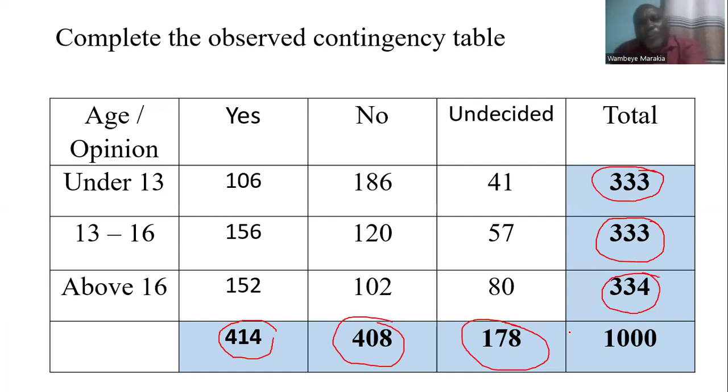Then we are going to come up with tables for observed frequencies and expected frequencies. I just came up with the table showing the expected, because I'm going first of all to calculate the expected frequencies for every cell.